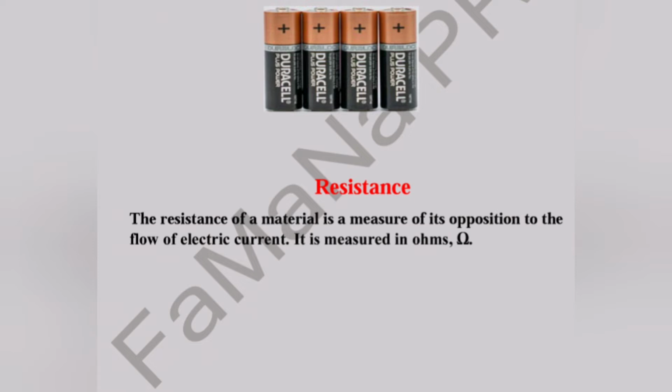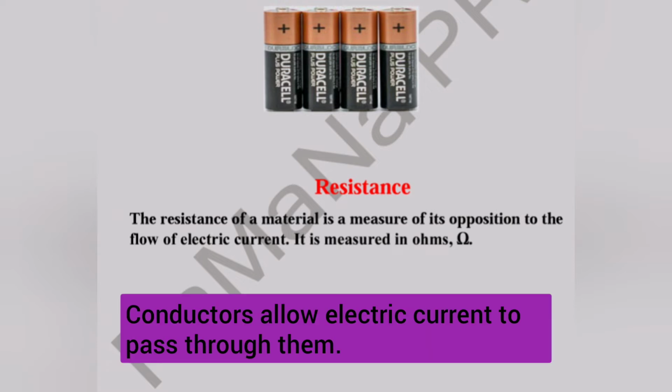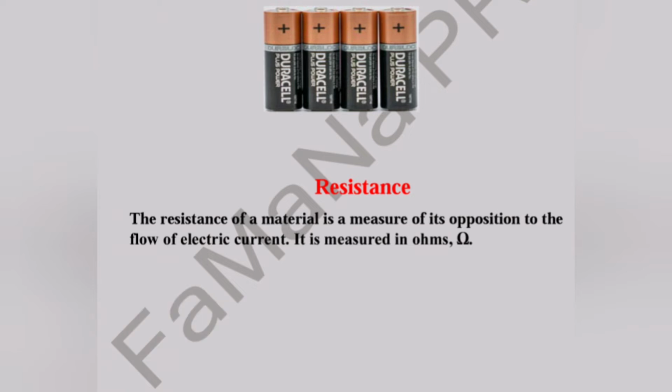When the resistance of a material is so low that current easily passes through the material, then that material is a conductor. Conductors allow current to pass through them easily. They have low resistance. Examples of conductors are copper, iron, silver, and aluminium.